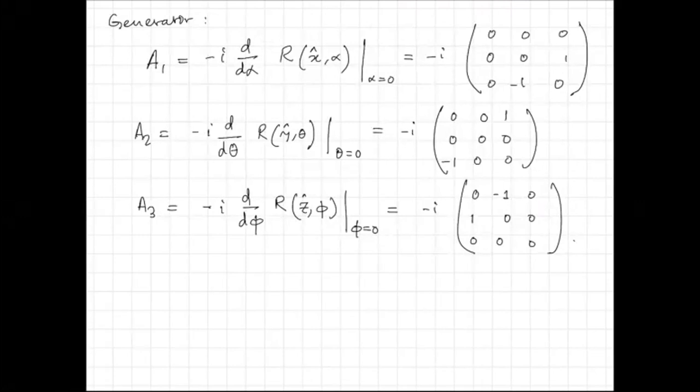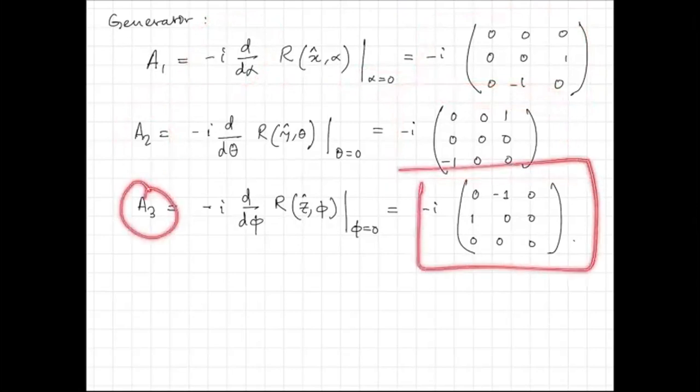And so what we find is that you can look at A1, and this is going to be i del alpha of R of x alpha at alpha equal to 0. This gives you a matrix like this. Similarly, A2 gives you a matrix that looks like this, and A3 gives you a matrix that looks like that.